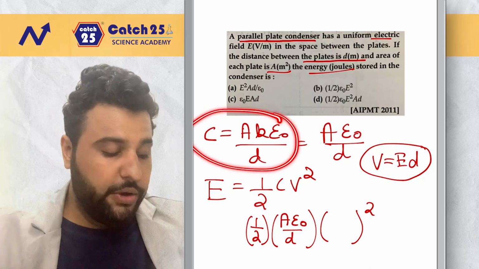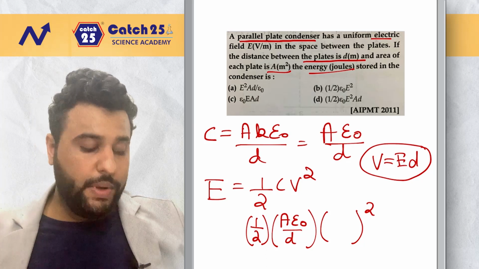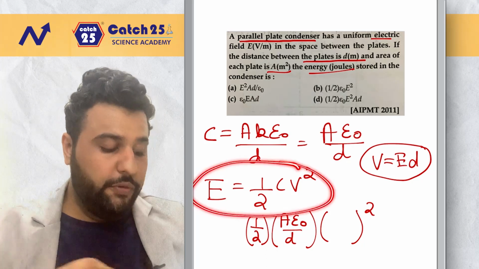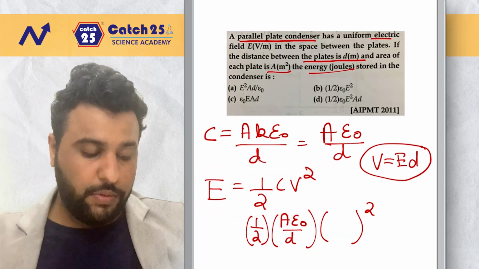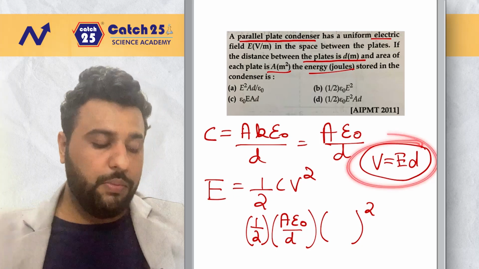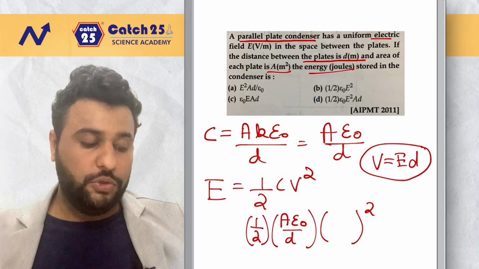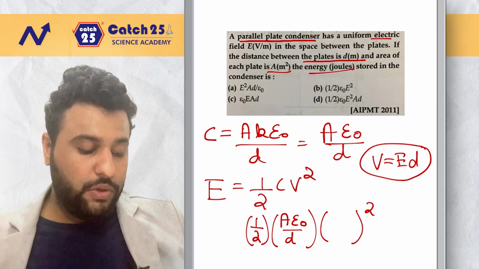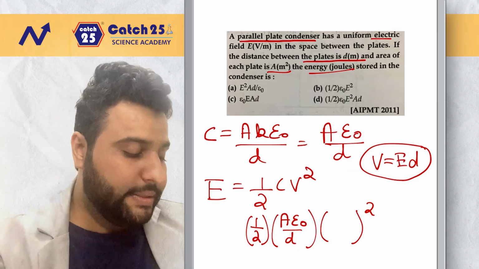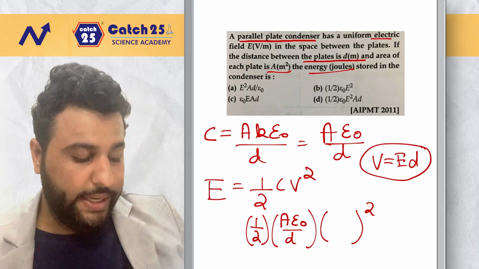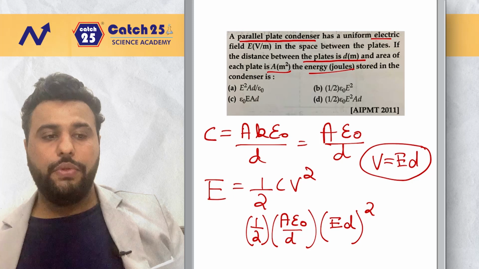You should know this formula for a parallel plate capacitor, number 1. You should know the formula for energy stored in a capacitor, formula 2, and you should know the formula for potential, that is V is equal to ED. Therefore, I can substitute V is equal to ED over here as E into D the whole square.